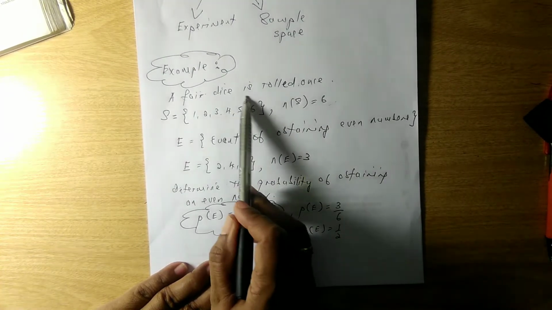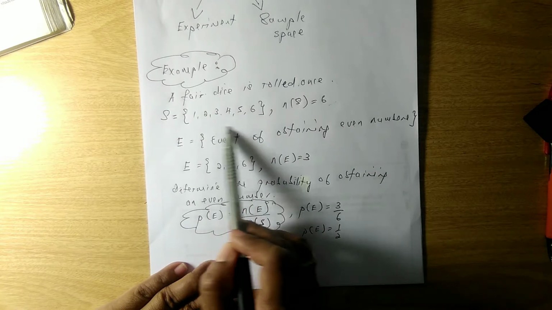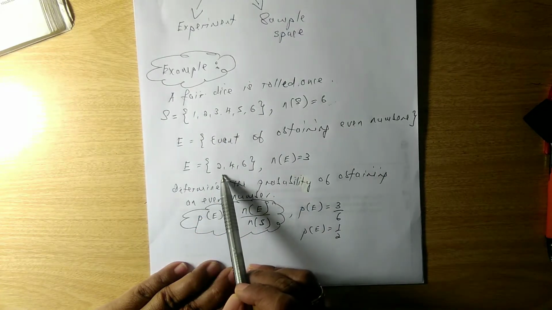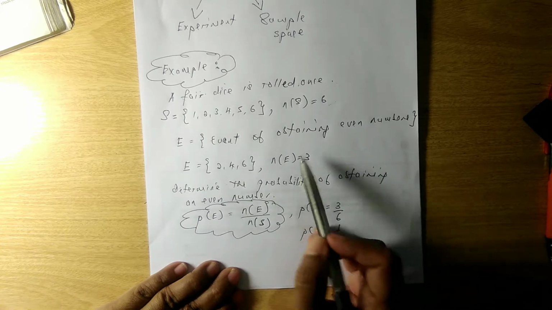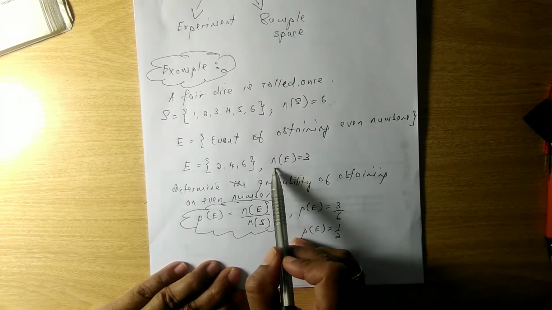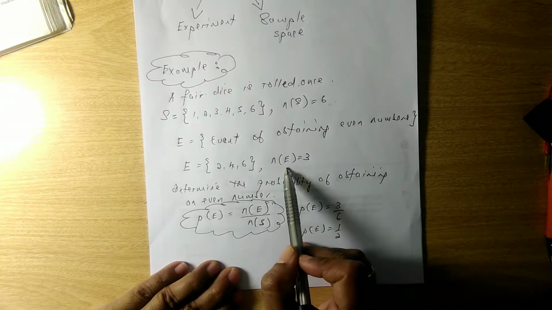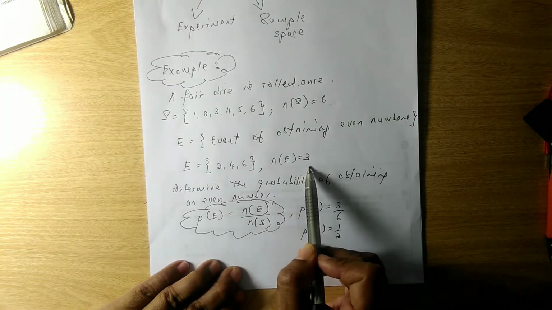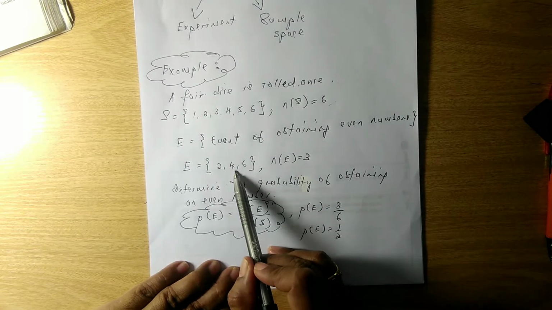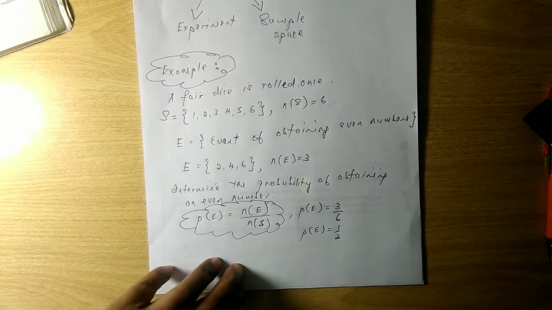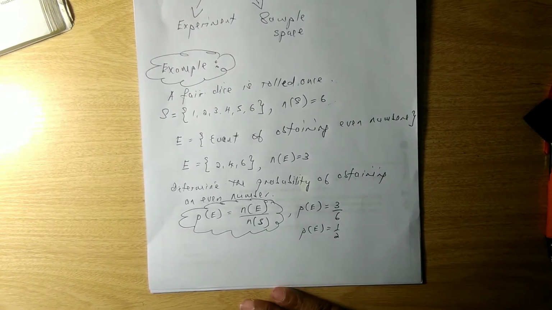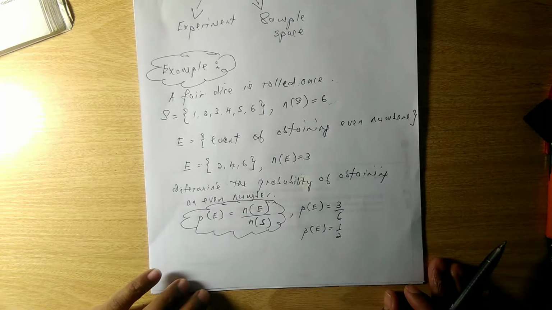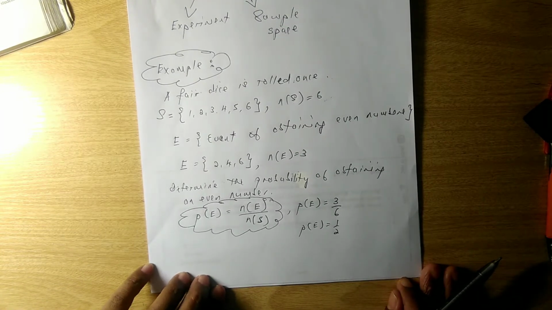So even numbers are 2, 4, and 6. So the number of elements of event E is 3, because I've got 1, 2, and 3.